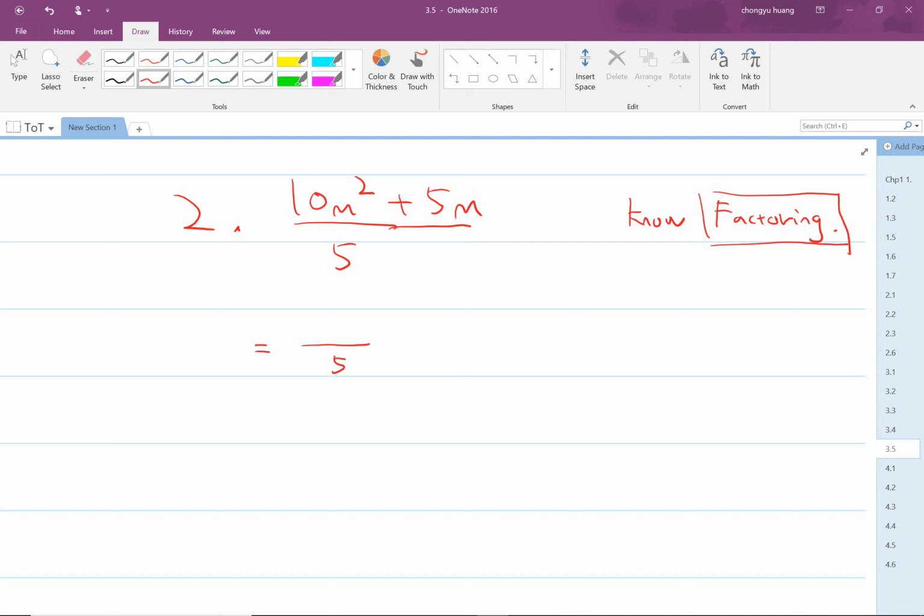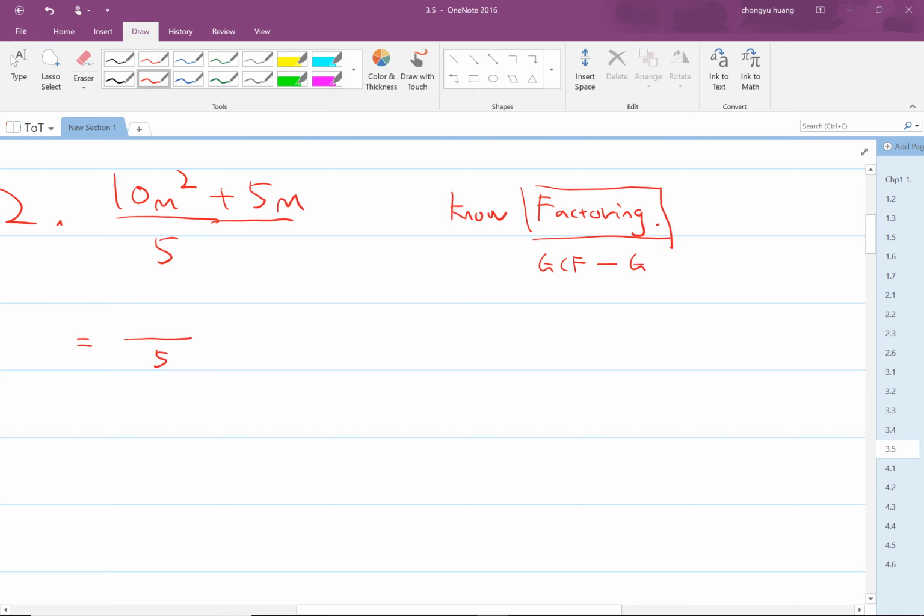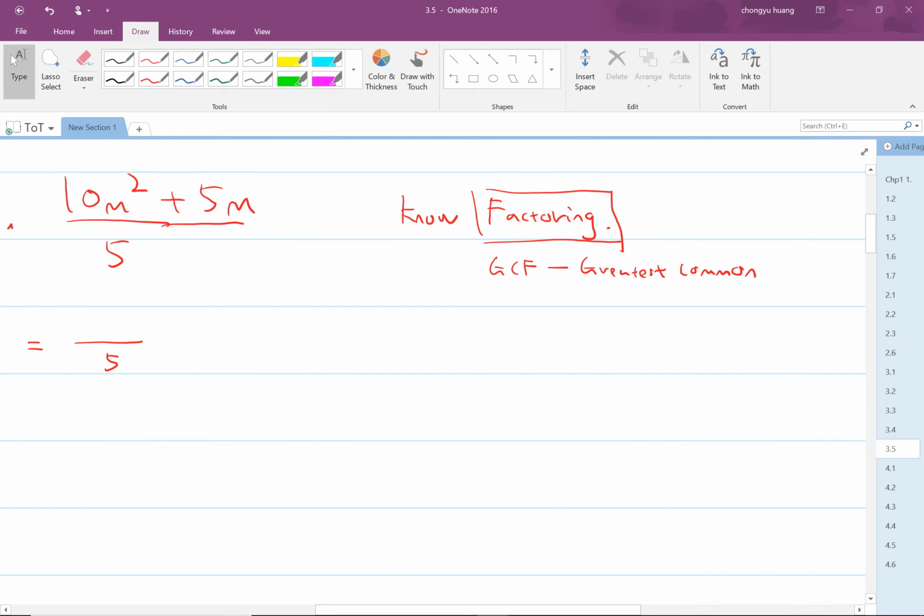One thing I want to talk about is factoring. One thing you have to know is the GCF, which stands for the greatest common factor.